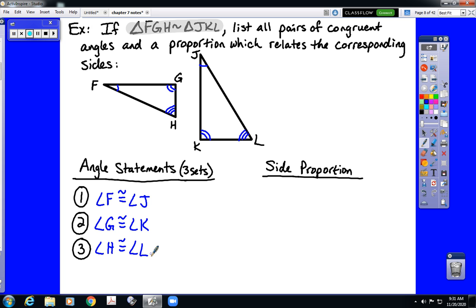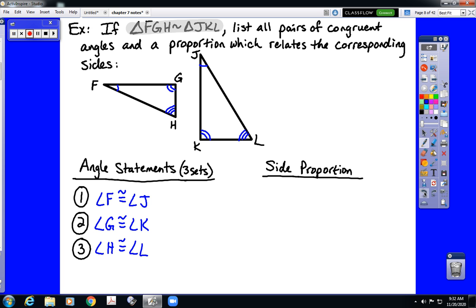We have to go up to the name or to the picture, and we have to figure out which sides relate. Okay? So FG relates to JK because that's the one mark and the two marks at the ends. It's also the first two letters in the similarity statement.